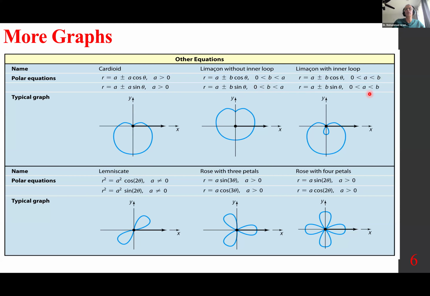And if a is less than b, there is an inner loop. The roses: if we have a sine of n theta or cosine of n theta, we have n petals if n is odd, and we have 2 times that if it's even.